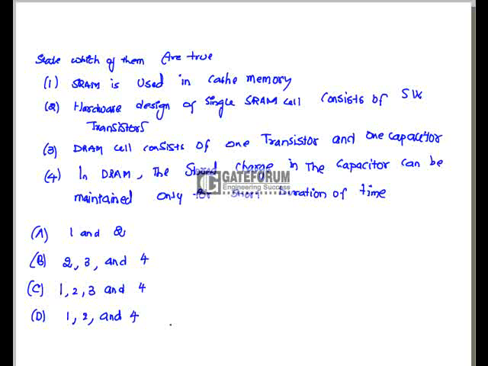In DRAM, the stored charge in the capacitor can be maintained only for a short duration of time, because the data is stored in the form of voltage in the capacitor, which will lose its charge as a function of time. Hence we have to refresh it frequently. So all the statements are true. Hence option C is correct.